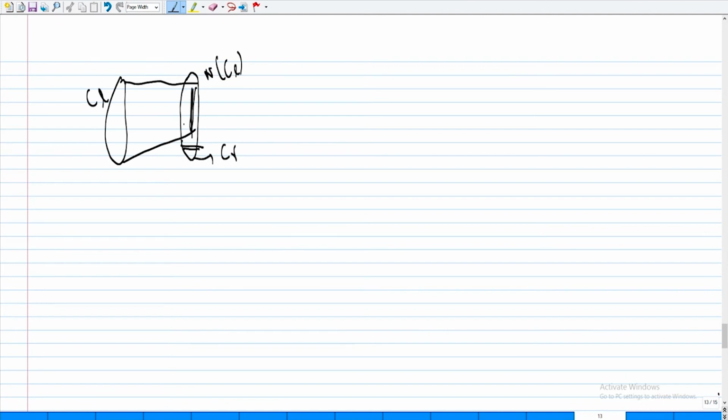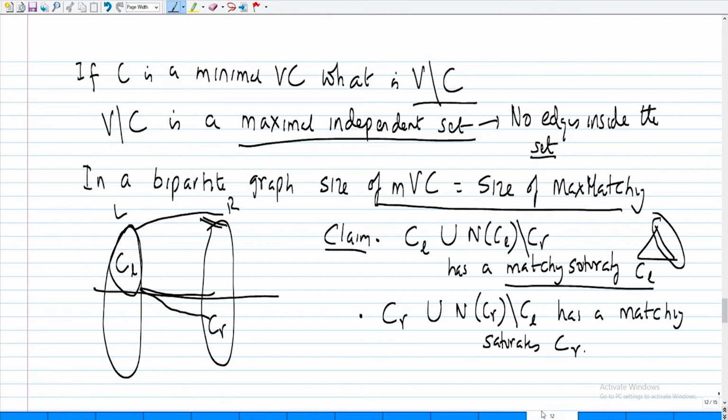Let us assume that there are like 20 elements here, and it turns out that the neighbors of C_L which are not in C_R is 19. Let us go back to the previous picture. One observation that you have to make is, are there edges from here to here? There is C_L, there is C_R, they cover all the edges. Obviously there cannot be an edge from here to here. Just keep this in mind.